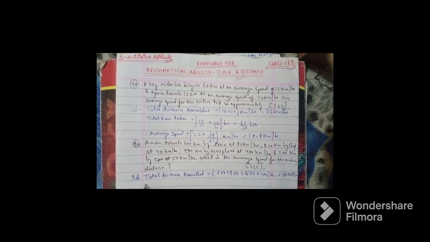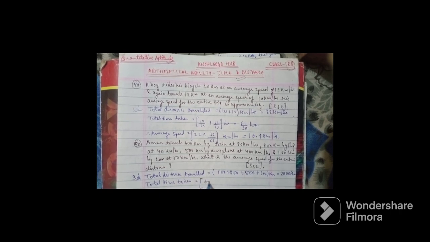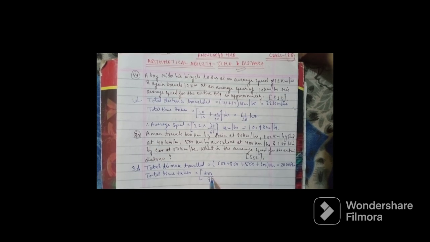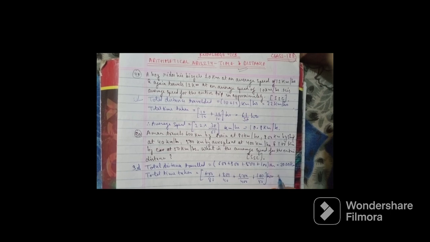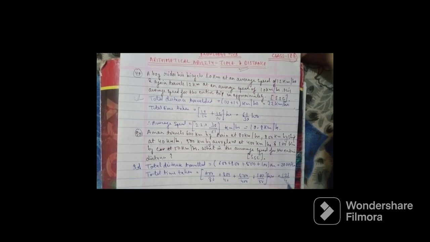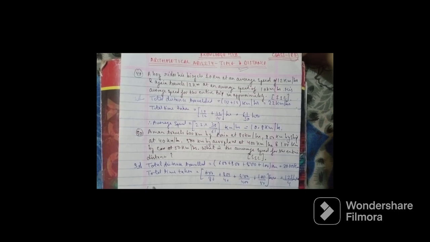Total time taken equals 600 by 80 plus 800 by 40 plus 500 by 400 plus 100 by 50 hours, which is equal to 123 by 4 hours. Now talking about average speed.